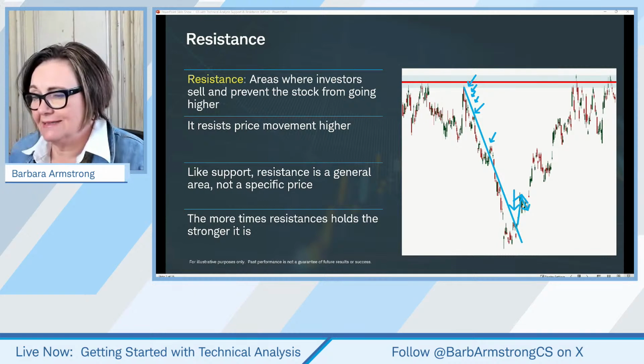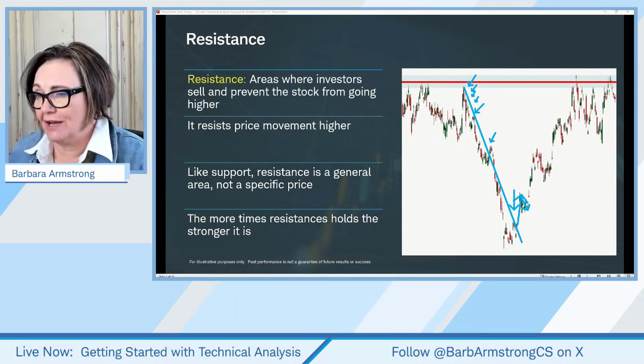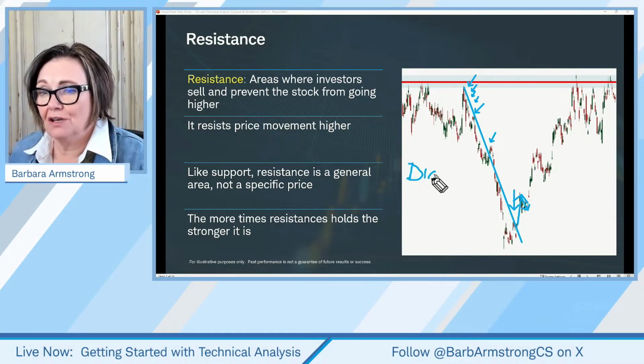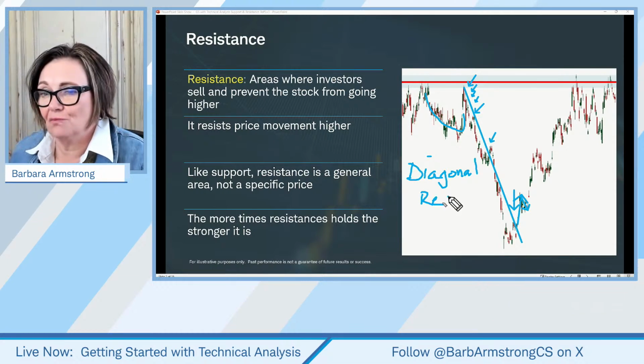This is known as a diagonal resistance breakout, and that's the pattern within this bigger pattern. That's not to say this has to be part of an inverted head and shoulders or a cup and handle pattern, but we see these patterns within patterns.